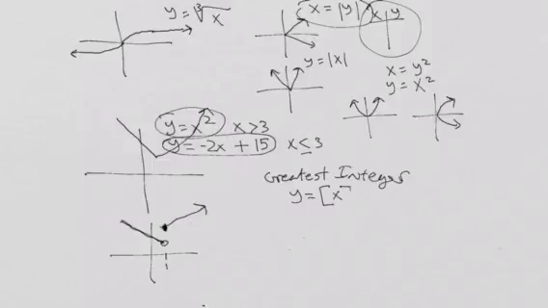They use these brackets around x. Again, this is a parent function. It would be the type of thing where you get paid $5 for every cookie that you bake. But if you only had a chance to bake half a cookie, you don't get paid for that half a cookie.